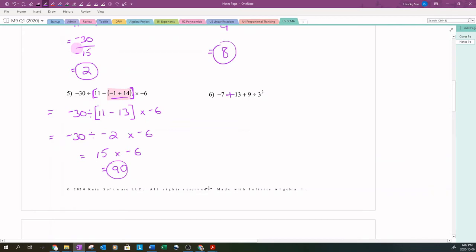So in this question, there's a couple of ways that I could do this actually. I'm going to show you both. So negative 7 plus 13 plus 9 divided by 3 squared.